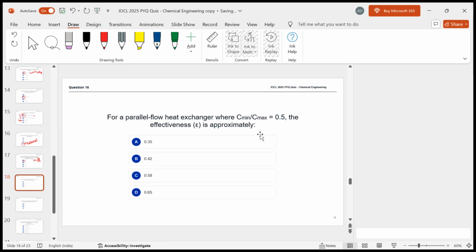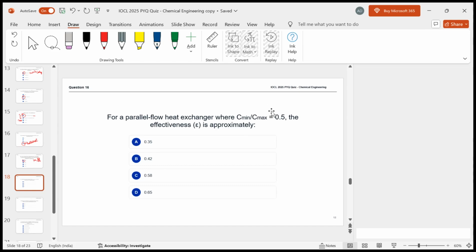For a parallel flow heat exchanger where C minimum upon C maximum is 0.5, the effectiveness is approximately? There is a formula for parallel flow heat exchanger effectiveness, but it is very complex and needs the number of transfer units, NTU.